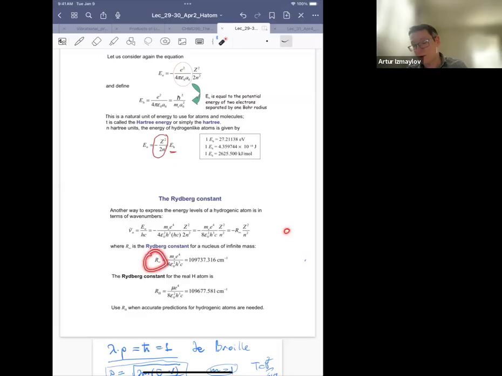That's why the solution for the hydrogen atom, which is obtained using that, results in the Rydberg constant which is R infinity. And the true Rydberg constant, which doesn't assume an infinite mass of the nucleus, has this reduced mass, which we saw in the problem of two bodies, the harmonic oscillator, right?